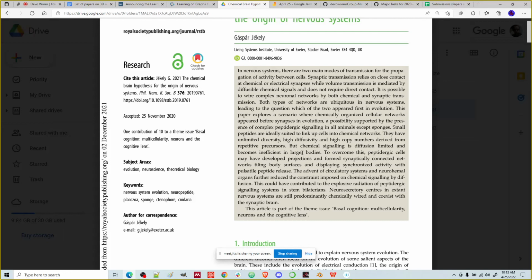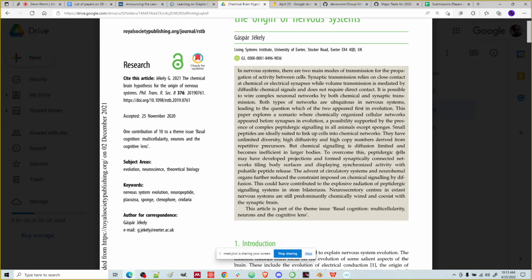So these networks had to be fairly small, or else they would become inefficient. So you can see as life maybe became more complex, these peptidergic networks became less viable, and so you started to have synapses emerge, and then that's how that sort of signaling actually became predominant in large brains, or in brains of any sort of size.